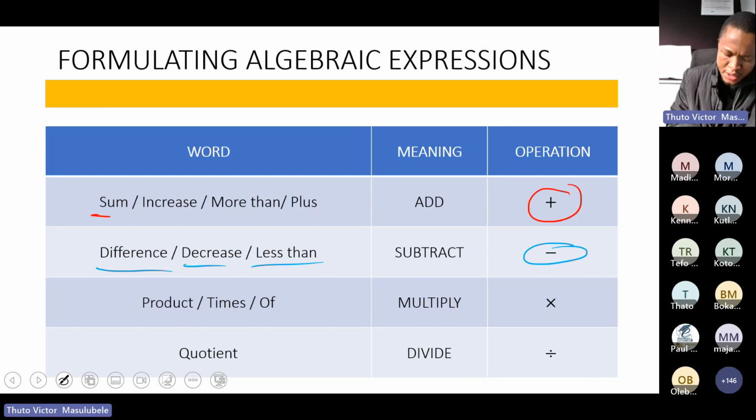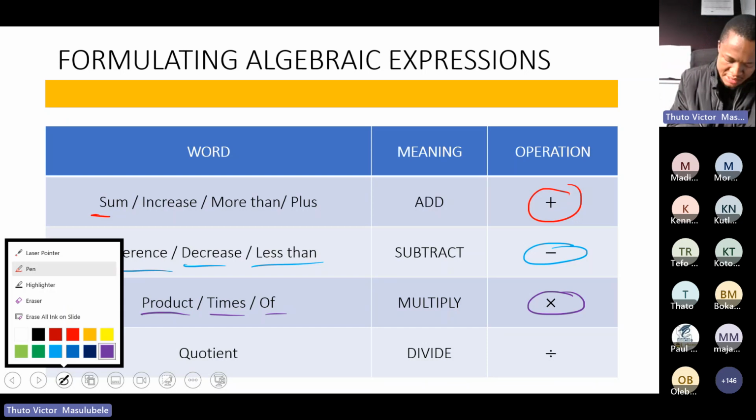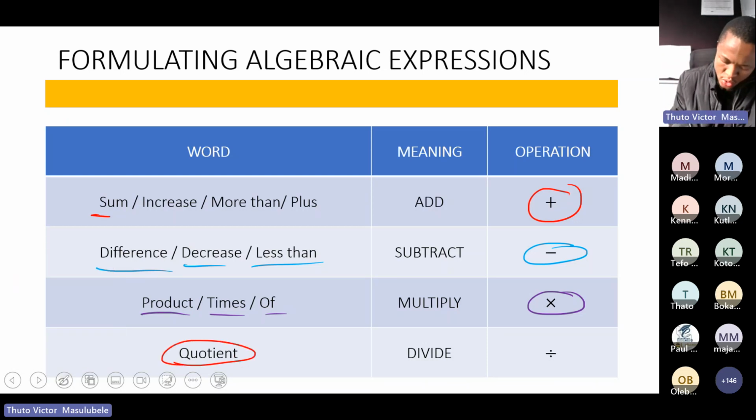If you're dealing with the word product or times or of, the correct operation sign will be our multiplication sign. And when we're dealing with the word quotient, you must know that the correct operation sign there will be the division operation sign.